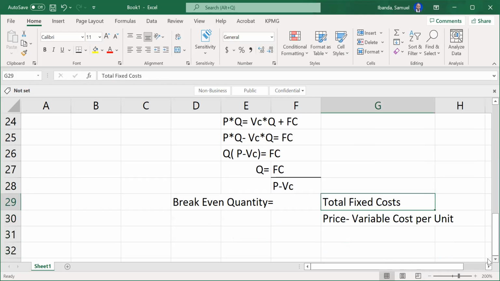That is what would show with our break-even quantity.